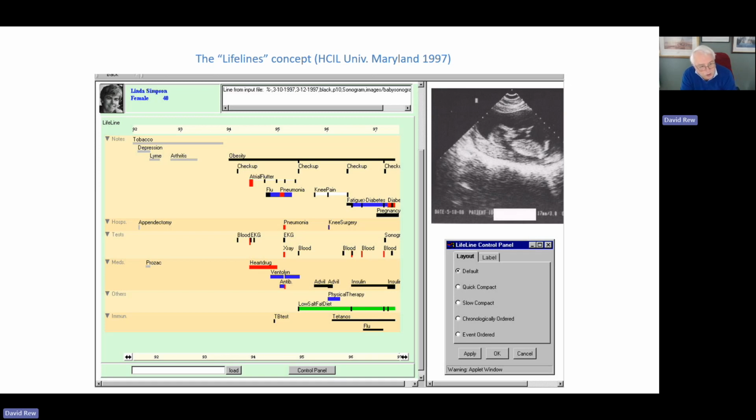This is one of the original Lifelines concept diagrams, which came from the University of Maryland in 1997, by Ben Shneiderman and his team. And although it was not workable in the format they described it, what it shows, if you look at the left on the y-axis, they've created a series of subject taxonomy headings, and then they've spread out documents from the record and bar lines and all sorts of other bits of information in various formats and clutters along the x-axis.